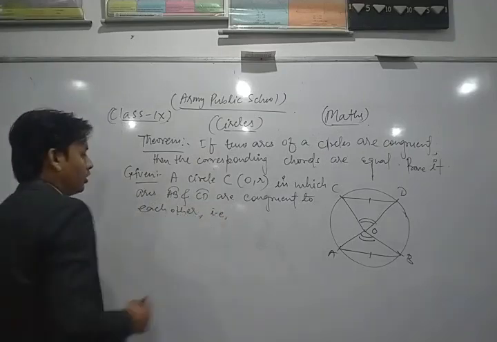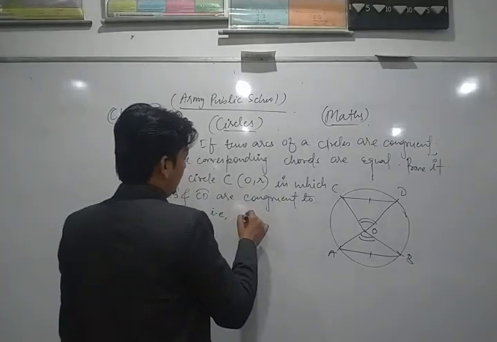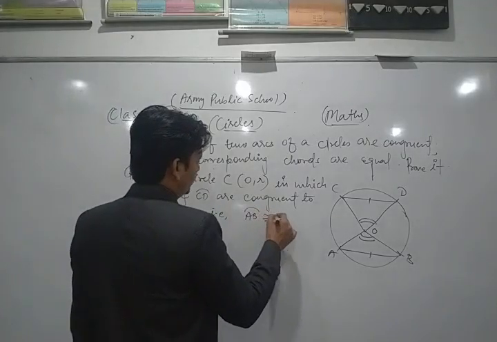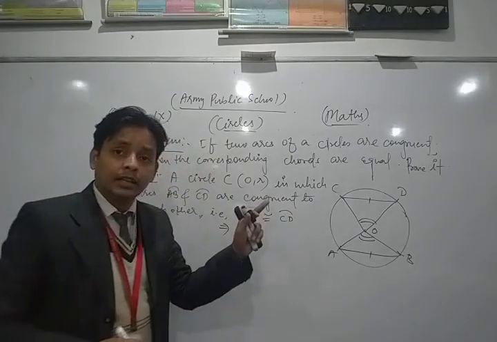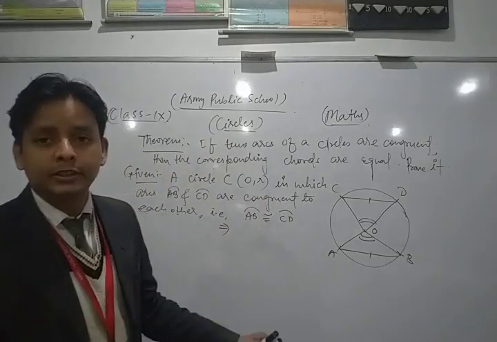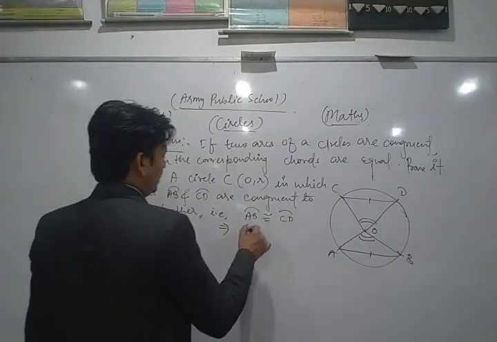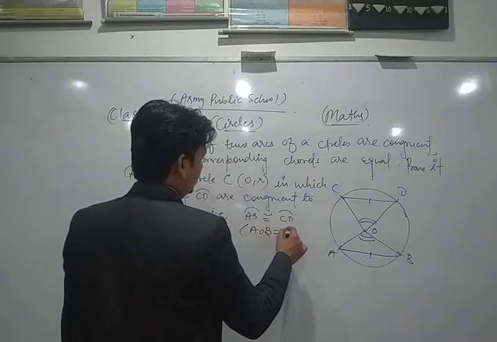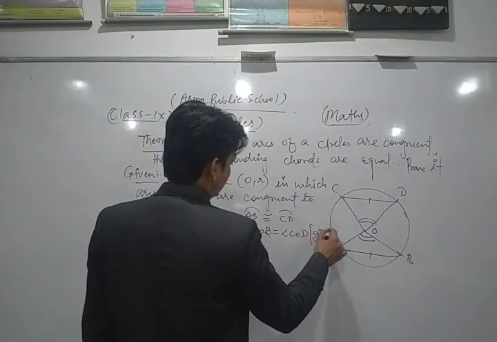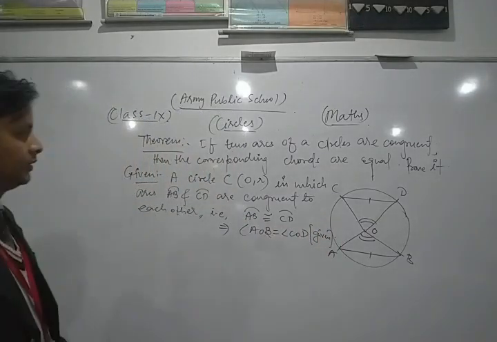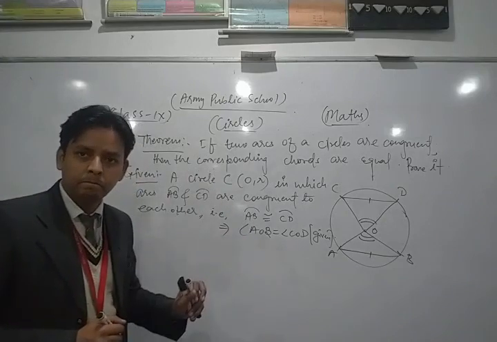Congruent to each other means what? Arc AB is congruent to arc CD. It means that both the arcs subtend equal angles at the center, that is, angle AOB is equal to angle COD. This is given, so we write these things in the given.